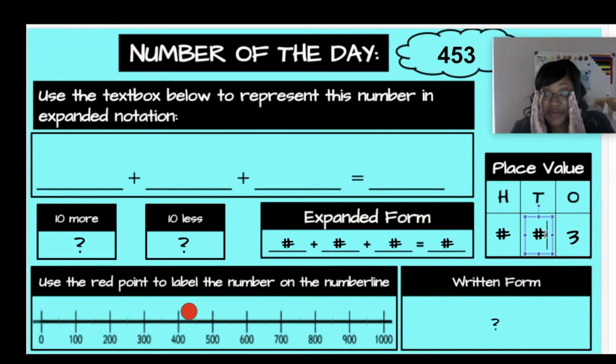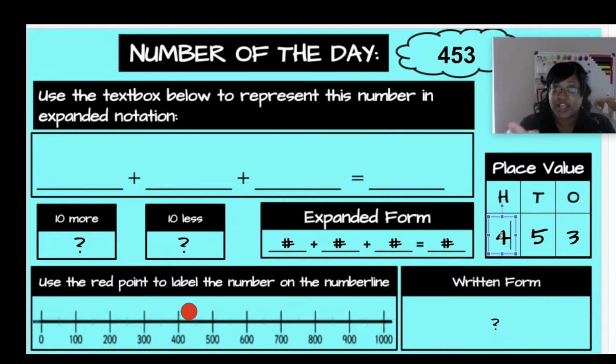We're going to double click, use the delete key, and put 5 because there's 5 groups of 10 in 453. Now double click and hit the delete key. How many groups of hundreds are there? There's 4 groups of 100. Very good. So that's how you enter the number in the place value chart.